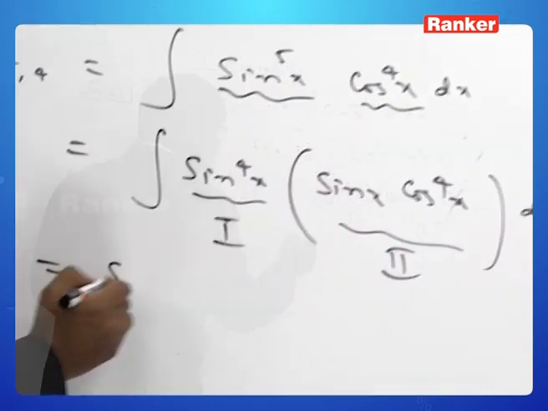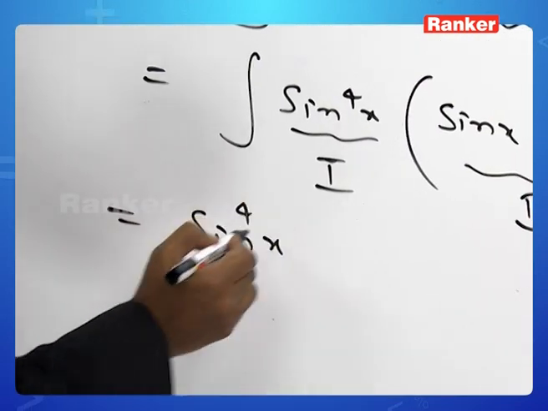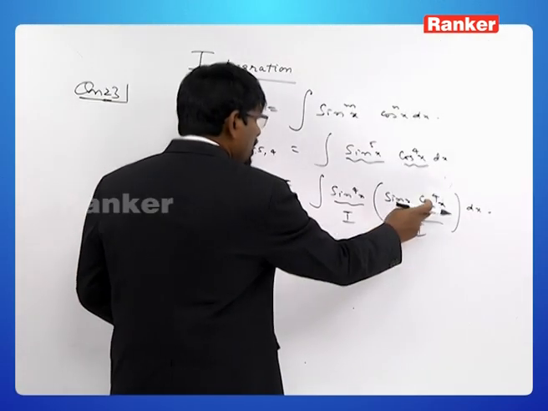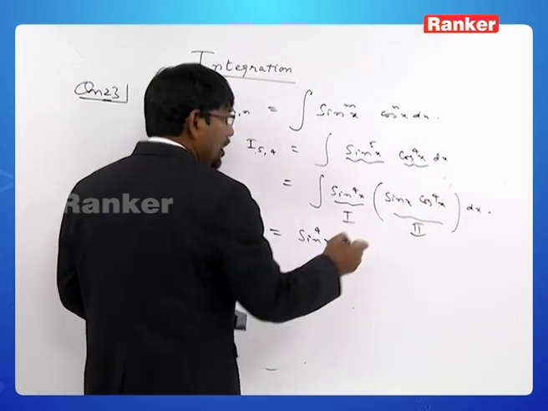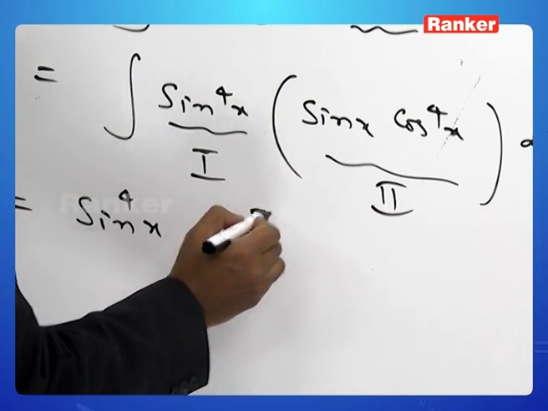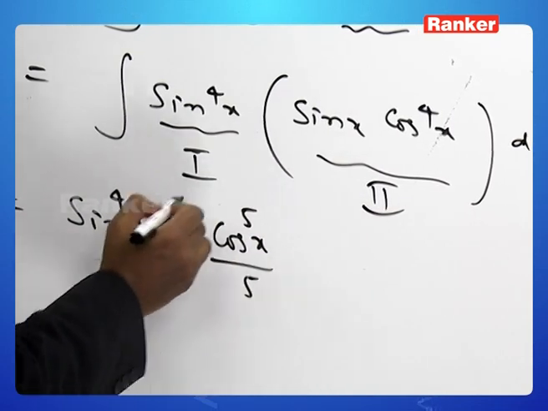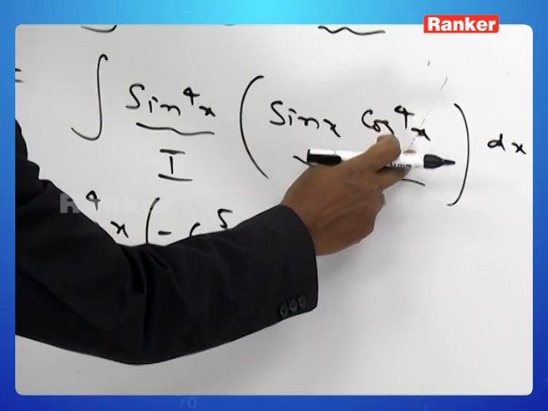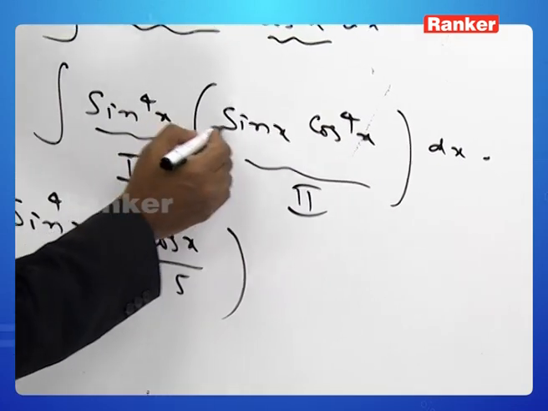So what we will do is, this is sin x power 4 into, what is the integral of this thing? Integral of this will be cos x raised to the power 5 by 5 with a minus sign, because derivative of cos x is minus sin x, so I don't have a minus.